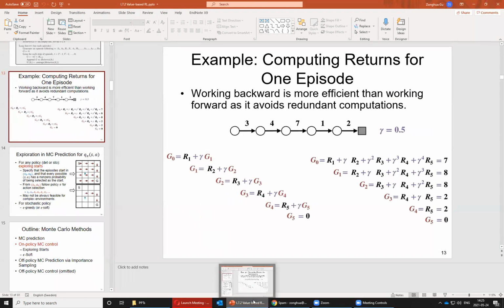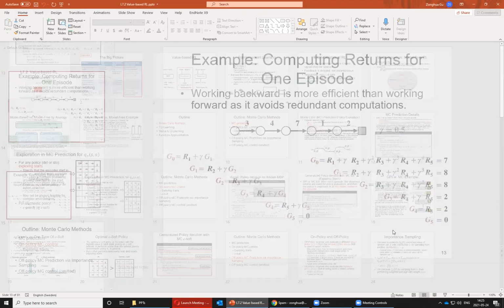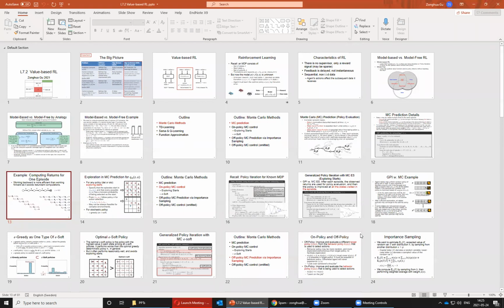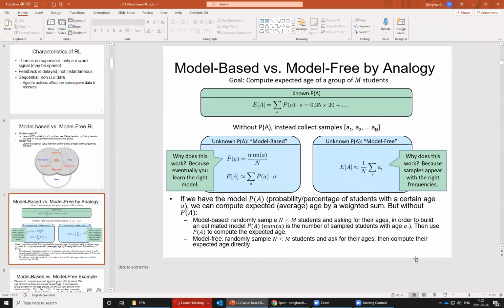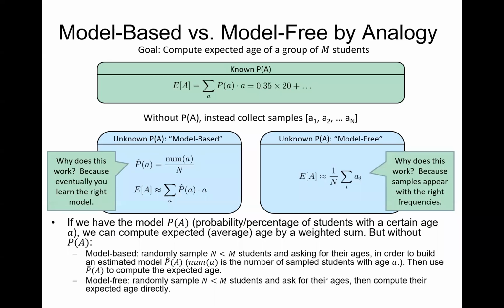Then we discussed value-based reinforcement learning. First I had this analogy of computing the average expected age of a group of M students.